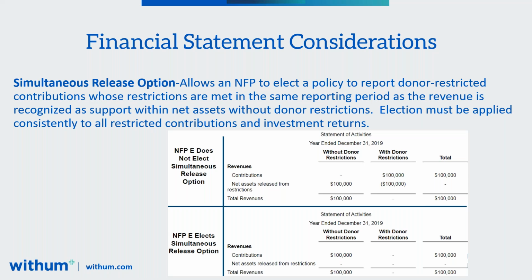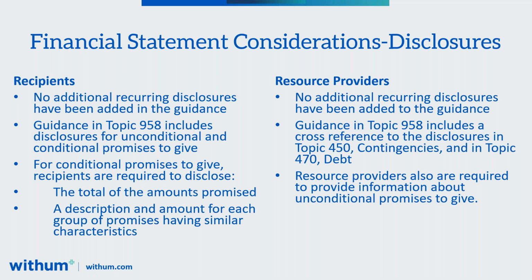The next slide just talks about disclosures for recipients and resource providers. There really are no new disclosures. For recipients, for conditional promises to give, you need to talk about the total amount of amounts promised, a description and amount for each group of promises having similar characteristics. Resource providers are also required to provide information about unconditional promises to give. Those always existed.